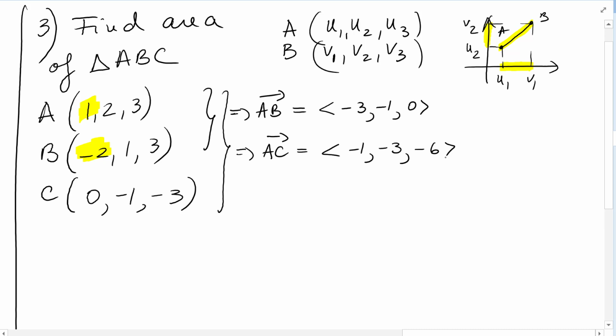So we found the vectors AB and AC. If we have the triangle ABC, this is what we just found, and that's going to help us.